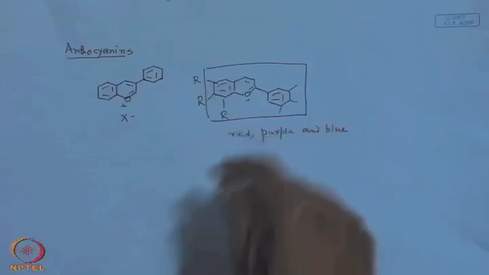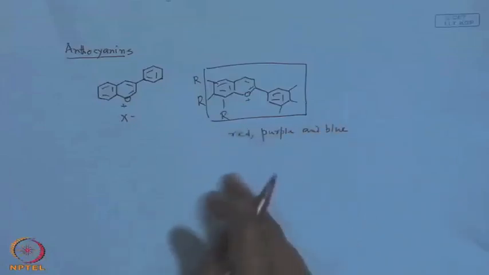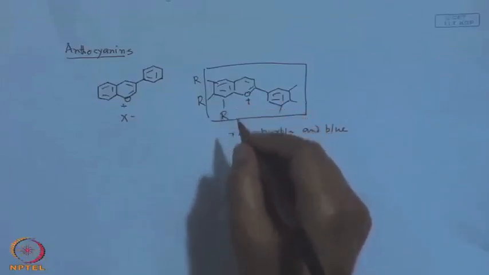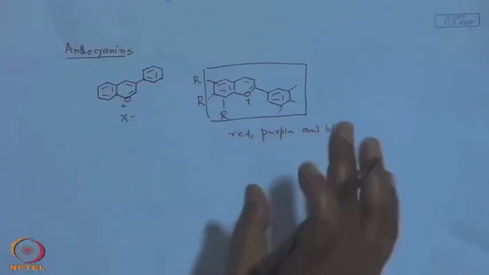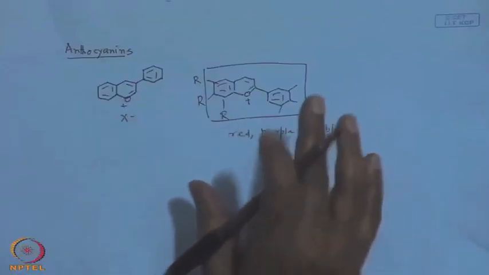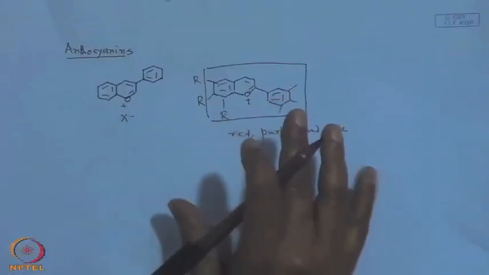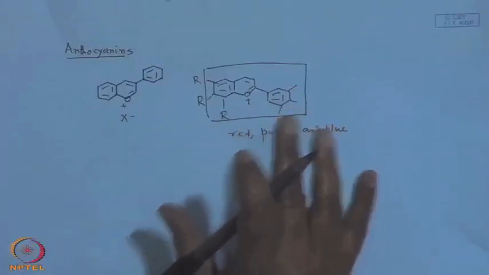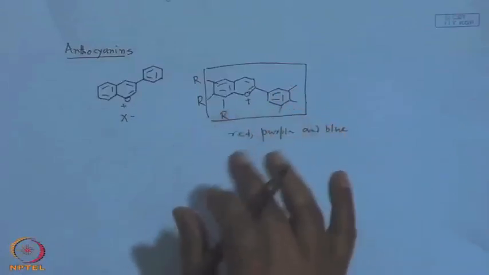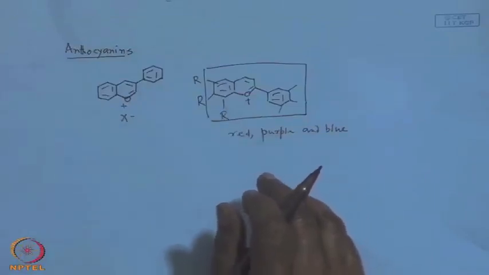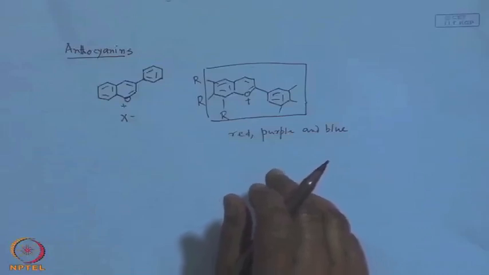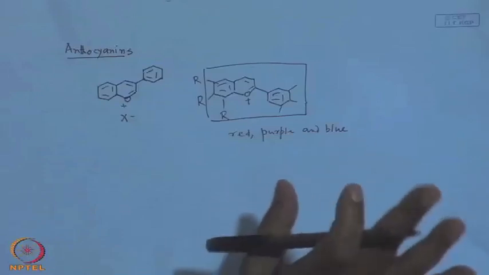All kinds of colors are due to this kind of chromophore, and there are other kinds of things. Essentially, what I am trying to say is that many dyes, organic dyes and pigments, are heterocyclic in nature.